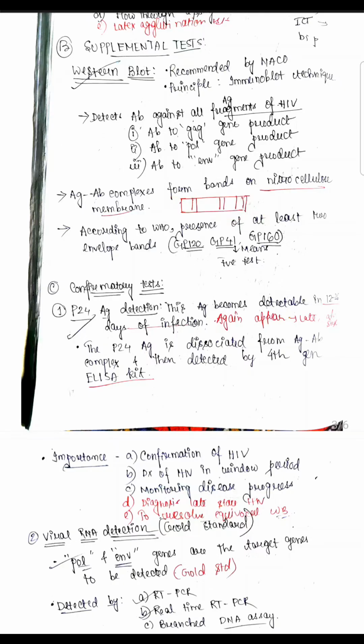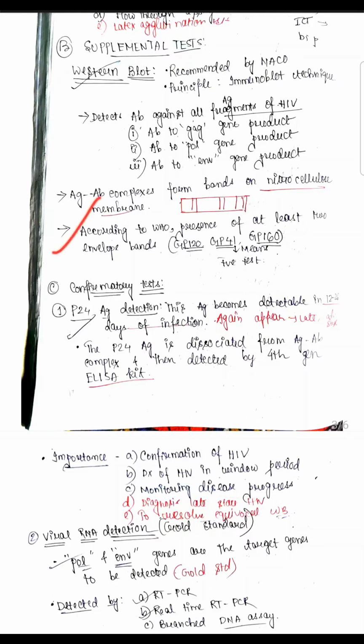I mean, the serum is added to the nitrocellulose membrane, and wherever it gets its required antibody, it performs coagglutination, and we see the band, and according to that we check whether the test result is positive or negative.